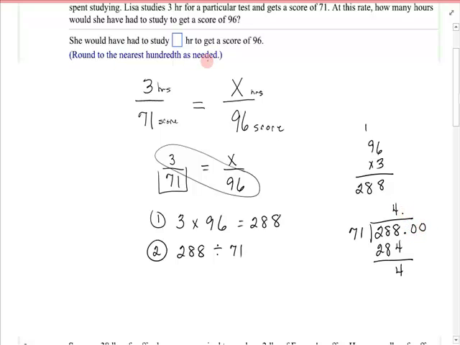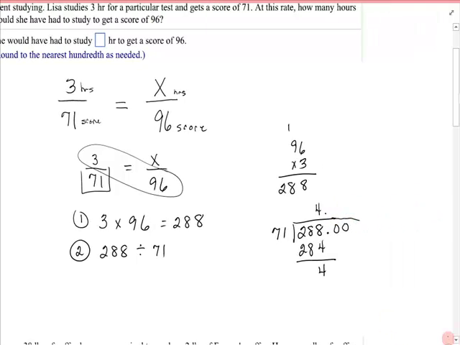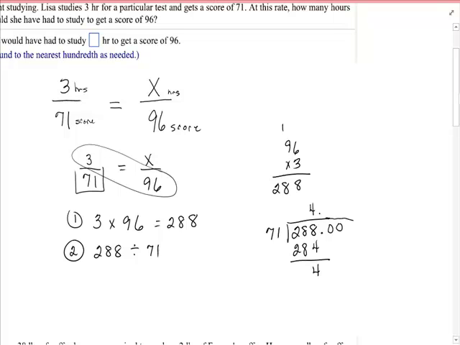And it says round to the nearest hundredth if necessary. So I may have to do a little bit more work here. I bring down a 0. And 71 does not go into 40 at all, so I have to do a 0. And I bring down the next 0.